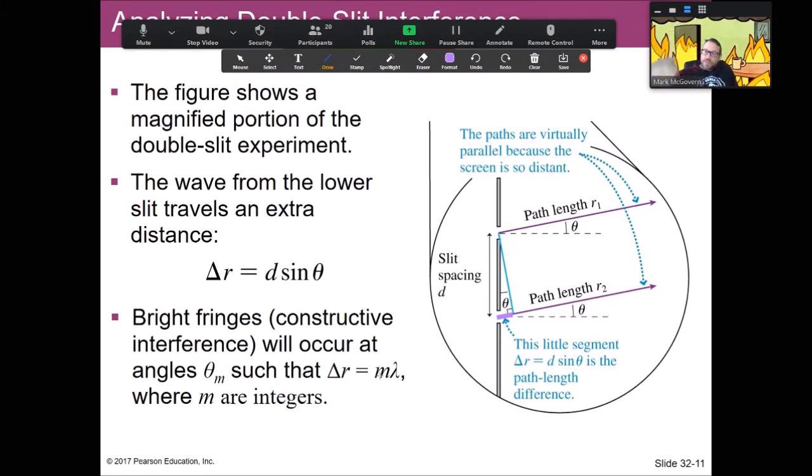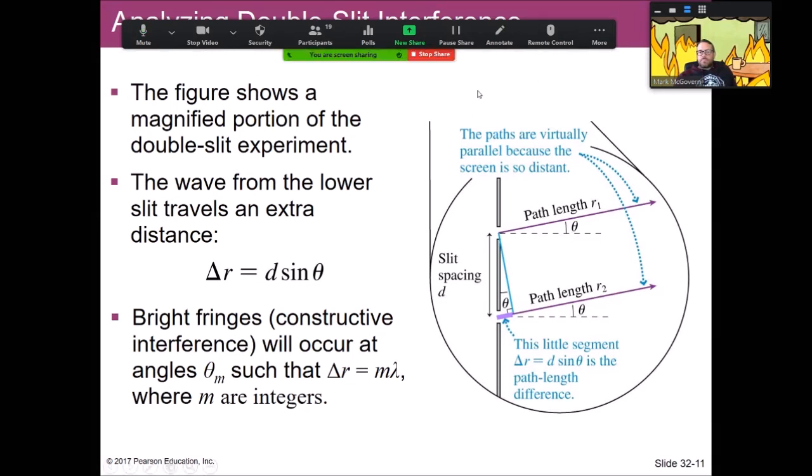That corresponds to a one wavelength difference, a two wavelength difference, a three wavelength difference. And so we equate these two, and now we have a relationship between an angle and the wavelength of the light that's being used. And this angle here is exactly where we expect to see the fringes, because it's all based on this path length difference. This is pretty nice stuff, pretty awesome.